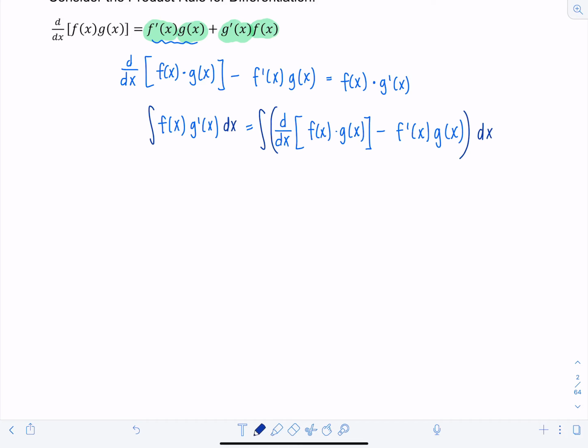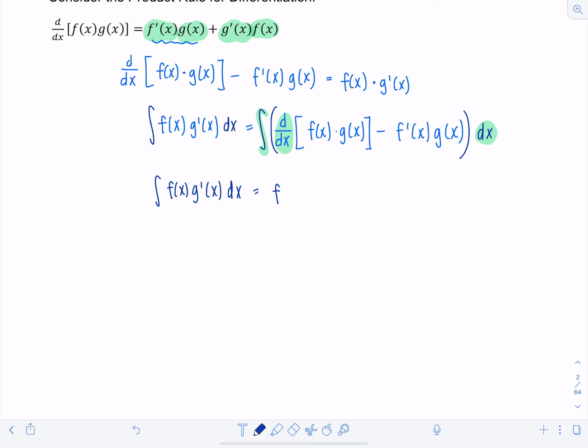Nice. Now, the left-hand side, I'm going to leave it as is. So I have integral f of x, g prime of x dx. And then notice here on the right-hand side, if I'm integrating with respect to x, the derivative of f of x times g of x, those are just going to undo each other.